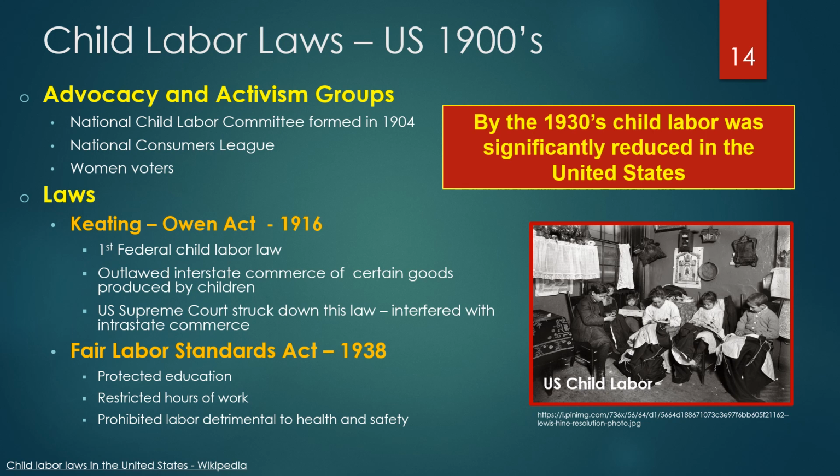In 1906, Republican Senator Albert J. Beveridge introduced the first national child labor bill, but that bill was opposed by President Theodore Roosevelt.